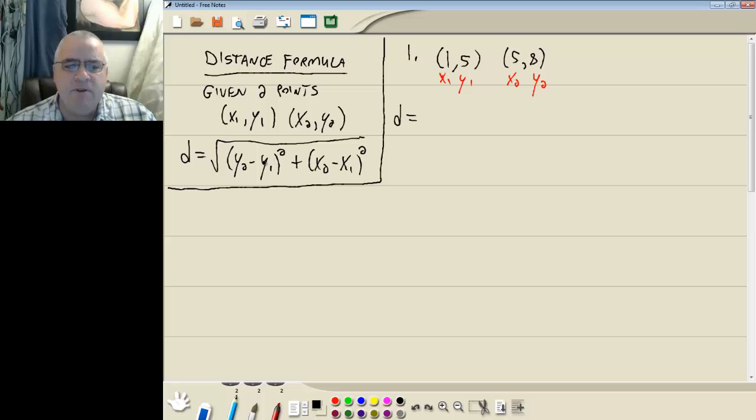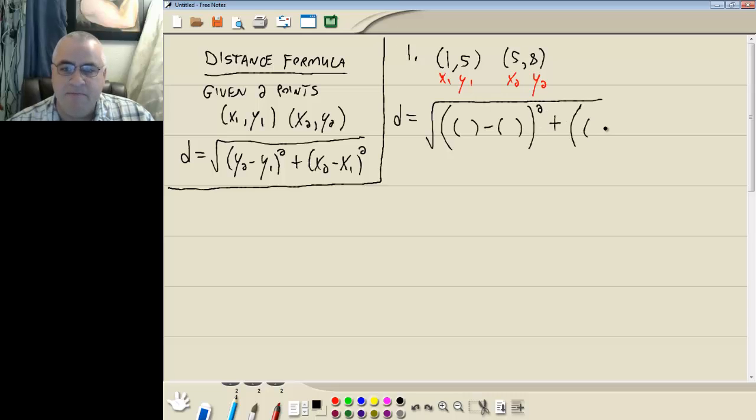Now, usually what people mess up on this is with the signs and plugging things in. So let's go ahead and do our square root. I'll put a beginning parentheses, and then I'll put smaller parentheses where the variables were, in this manner.